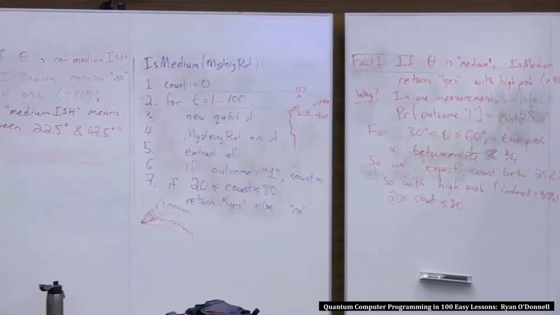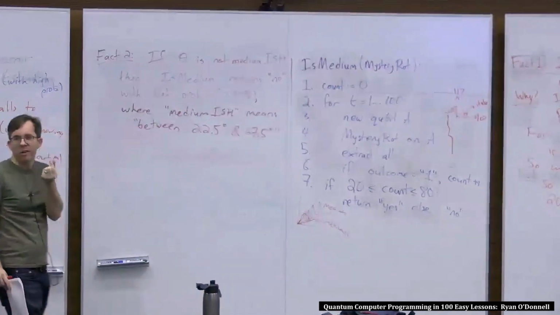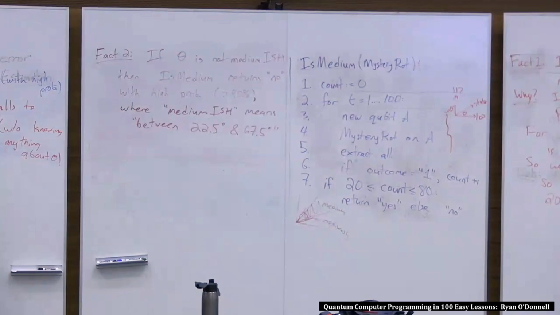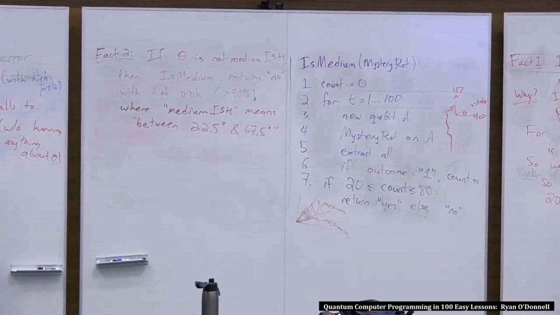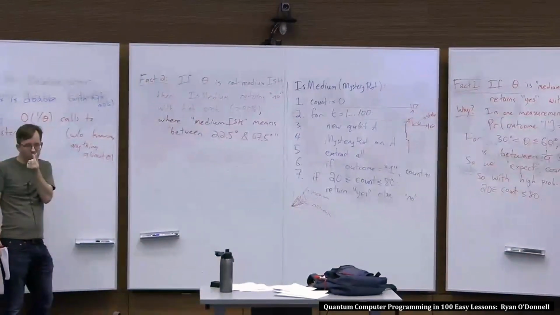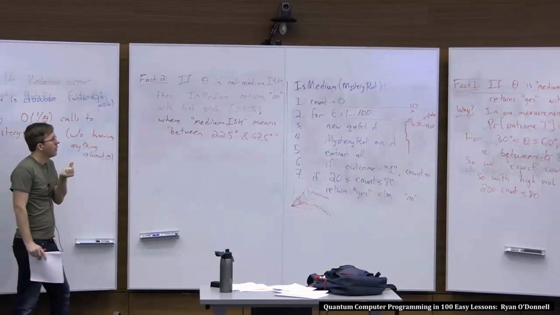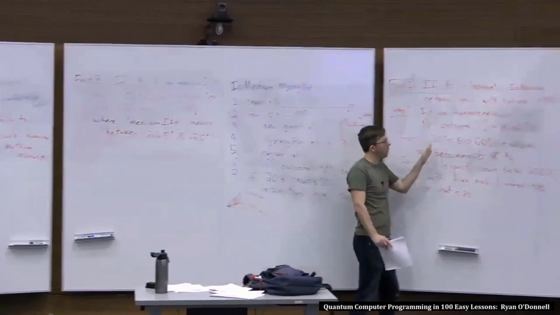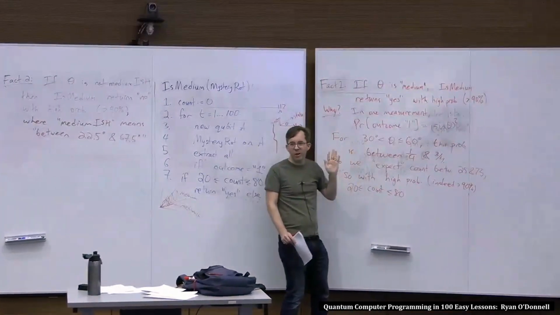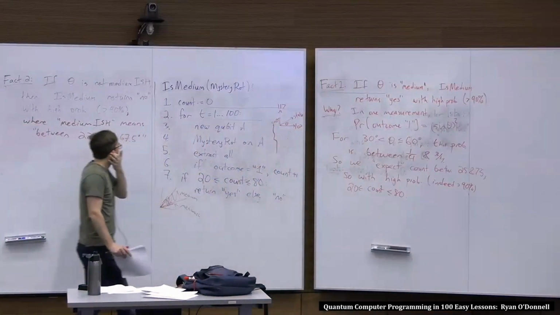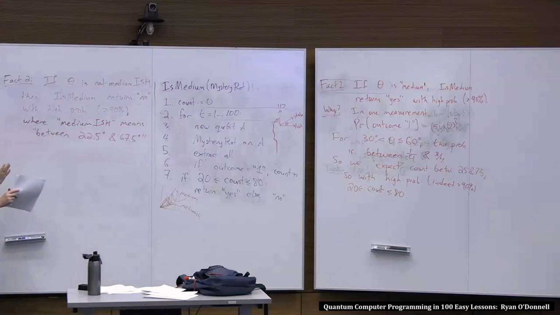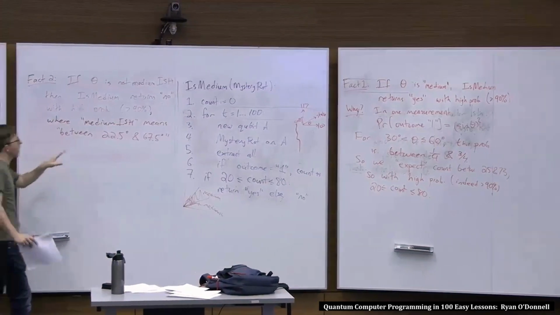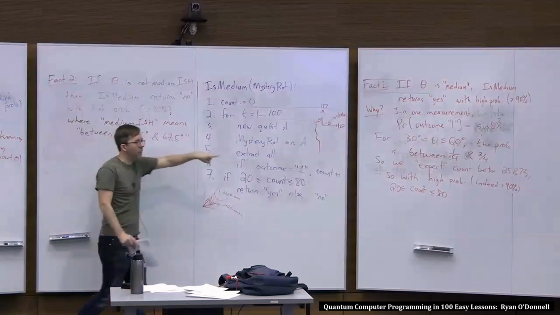These are almost imperceptibly different. No algorithm, unless it makes zillions and zillions of calls, is going to be able to tell the difference between these unbelievably close angles. So it's not a good idea to have this extremely bright line cutoff between medium and not medium. That's why we have two different cutoffs. There's a gray area between these bounds and these bounds.